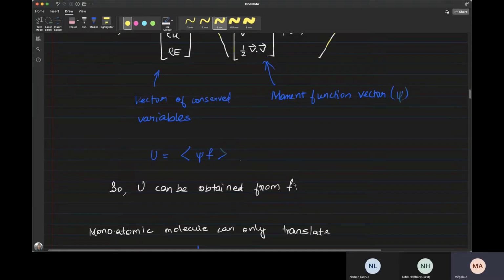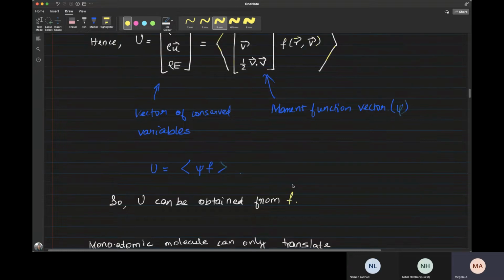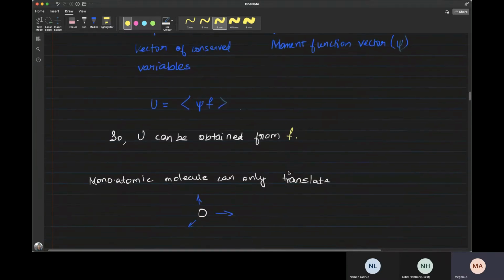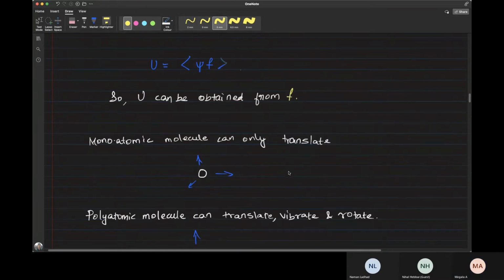In the microscopic description, we have this quantity f, which is the number density. So we can obtain the macroscopic variables rho, rho u, and rho e by using this microscopic number density itself. This is the inference that we are getting out of all this.